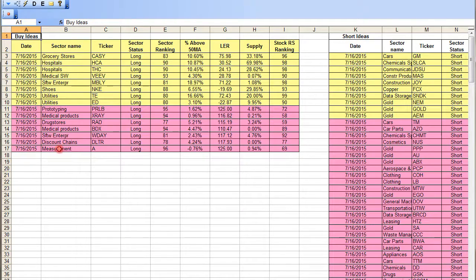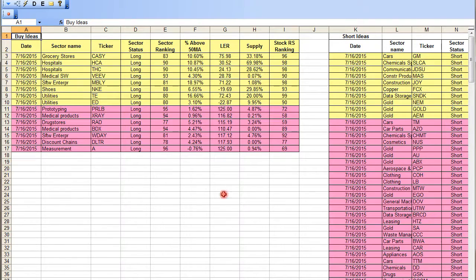These are stocks that are not that strong yet, but they have a low supply, which means they are very stable. They do not attract a lot of selling, and their large effective ratio is strong, which means that people are buying. So these could be interesting stocks to buy.